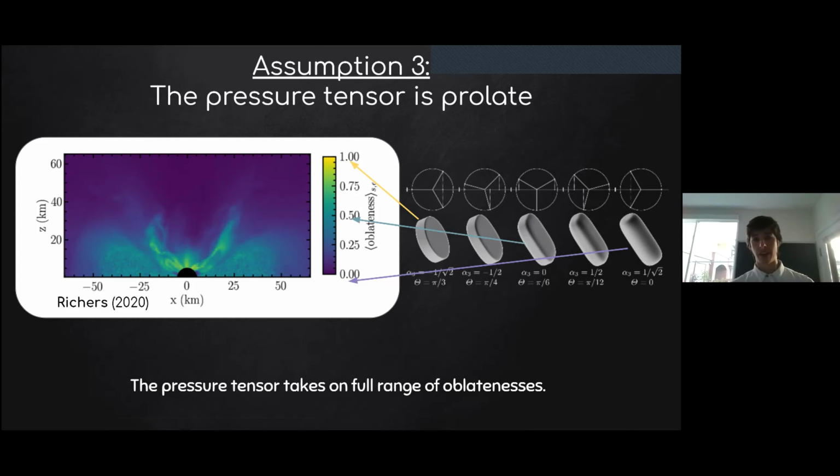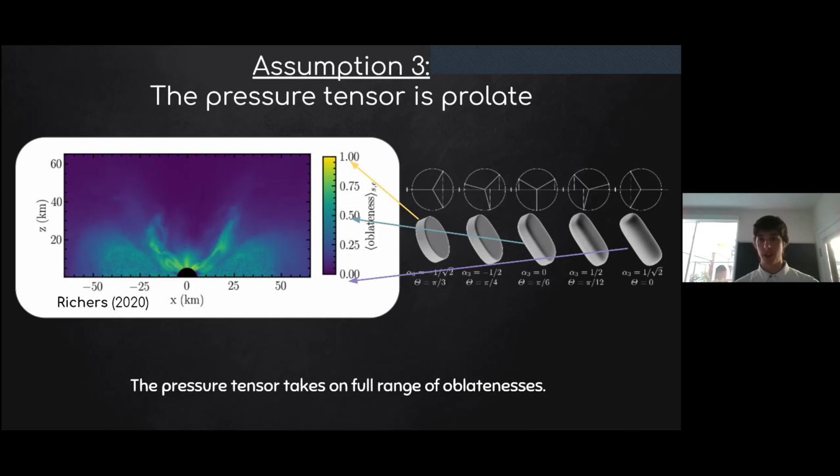But of course, that isn't true. In a lot of these regions, it deviates very strongly from this prolateness. Especially for these intermediate colors, that means that the pressure in 3 different directions is 3 different values, and so there is no simple way to express that.